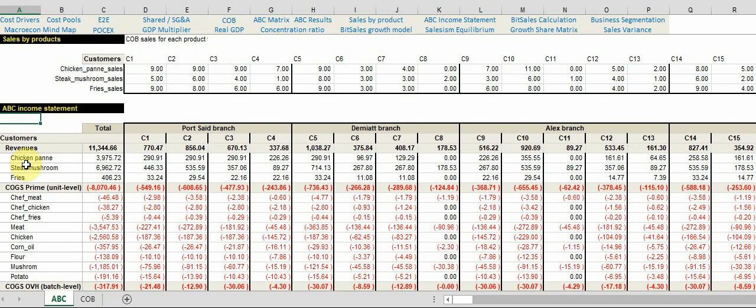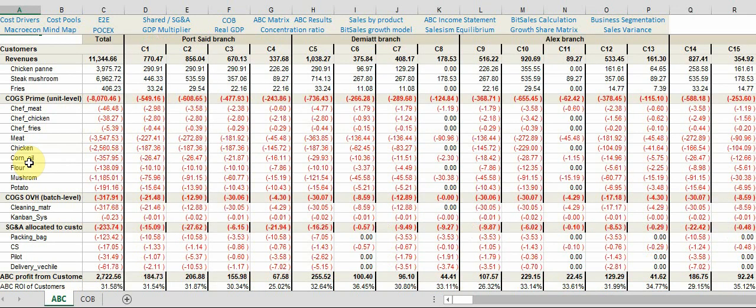This cost of goods sold consists of three parts: prime cost, overhead cost, and SGA, selling and general and admin. Those are allocated to the customer. That treatment of SGA is the main difference between the income statement under activity-based costing and the income statement under IFRS, because under IFRS, SGA costs are not included in cost of goods sold.